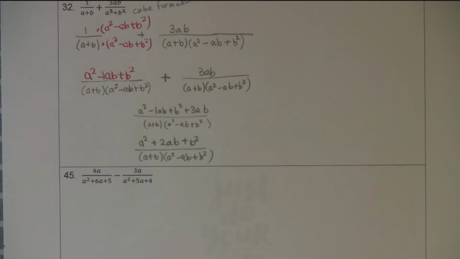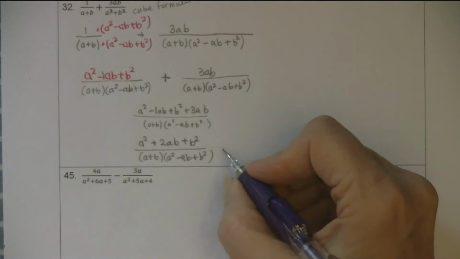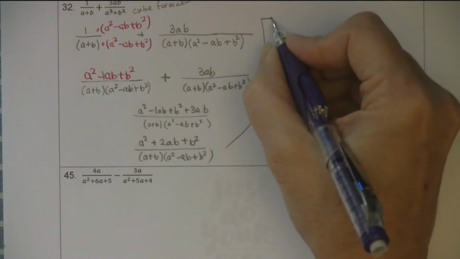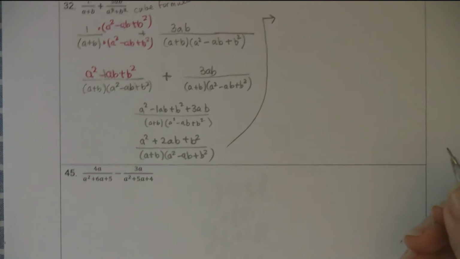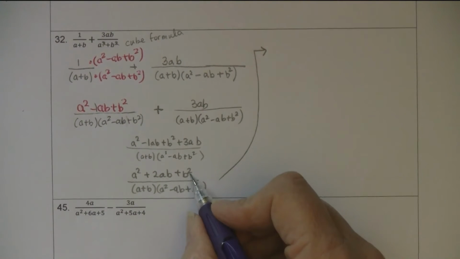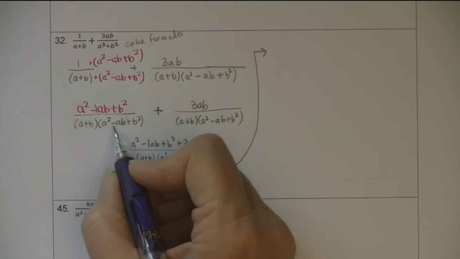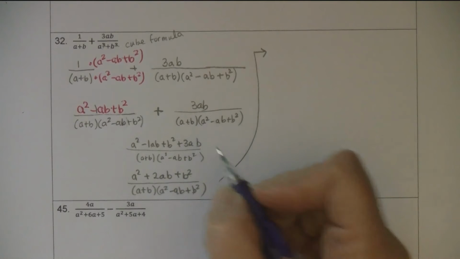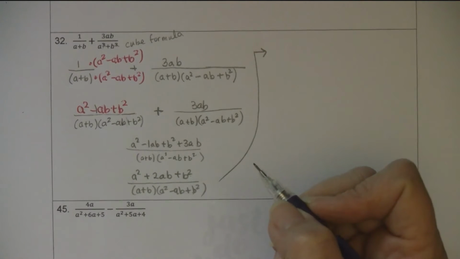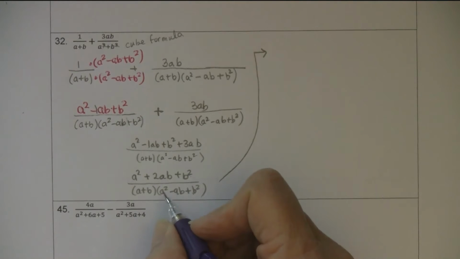So we've done all these other steps, and I didn't give myself enough room, so I'm going to go up here. How you simplify is you factor the numerator and you factor the denominator, but because we didn't multiply the denominator together, we don't have any factoring to do in the denominator. It's already factored, so that's good.